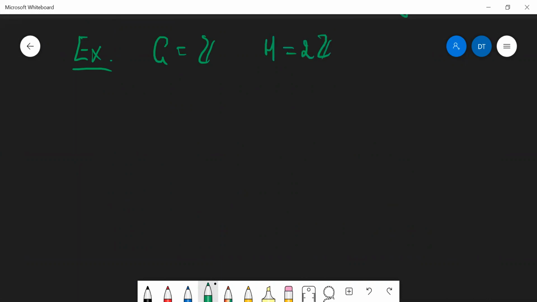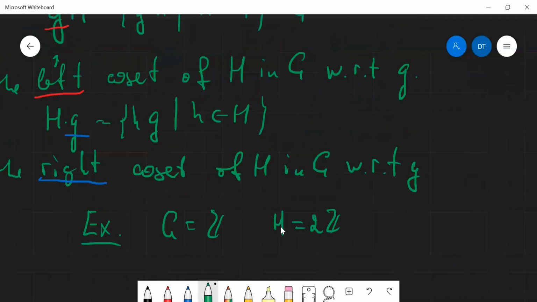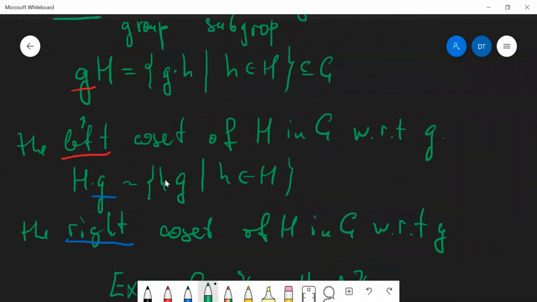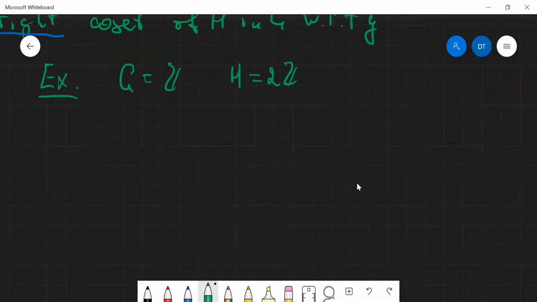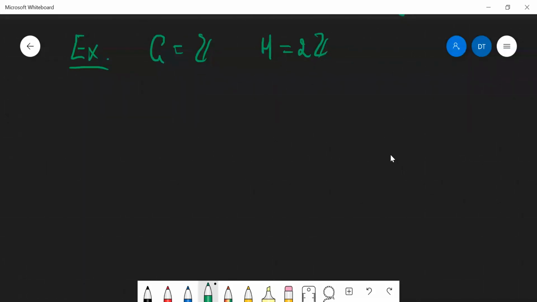If the operation is commutative, if the group is abelian, there is no difference between left and right cosets. That's right, Anton. But in case G is not commutative, these two could be different. It's possible that left and right cosets are different. But I'm going to give you an example with a commutative operation.